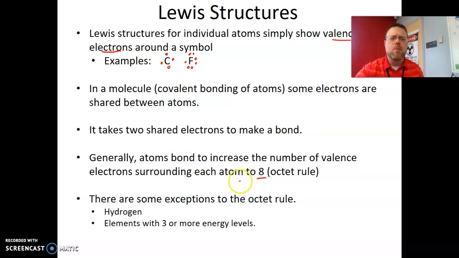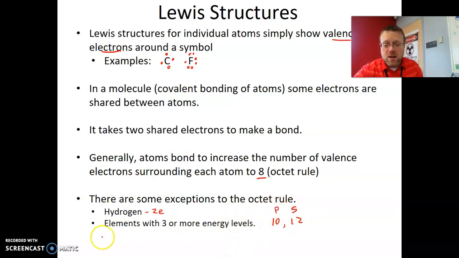Now, there are some important exceptions to that. Hydrogen, because it only has 1 energy level, is stable with 2 electrons. And the elements that have 3 or more energy levels may actually have more than 8. I've seen this go up to 10 or to 12 for something like phosphorus or sulfur.